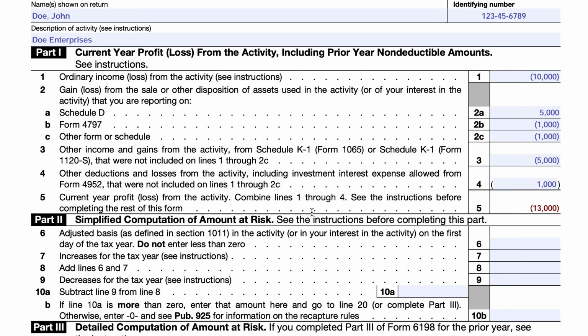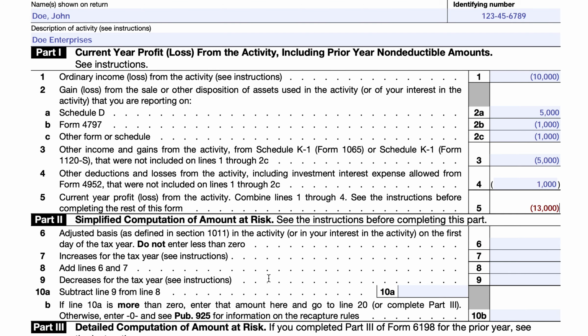So now we're going to go through two different ways to calculate this. We're going to go through part 2, and then we're going to go through part 3, even though you generally only need to do one or the other. So if you do use part 3, you don't need to go back and do part 2.